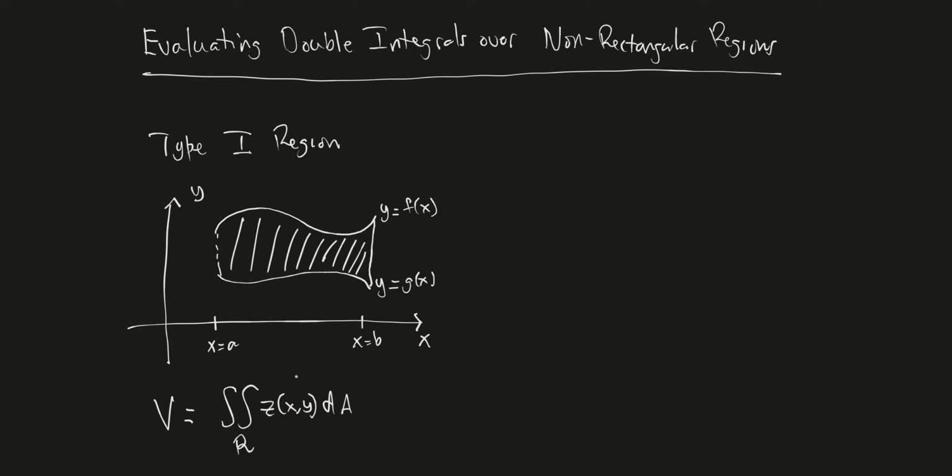To achieve that, the last pair of limits we use has to be our x limits, because these are numbers. x goes from some constant a to some constant b, whereas y is between the upper function and the lower function. This is how we define a double integral over a type 1 region.